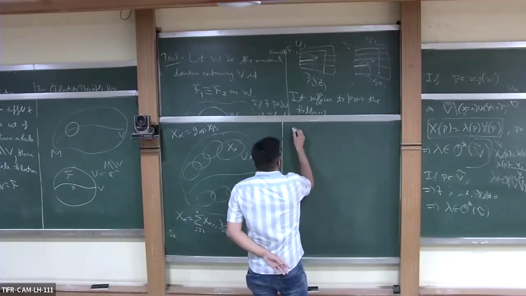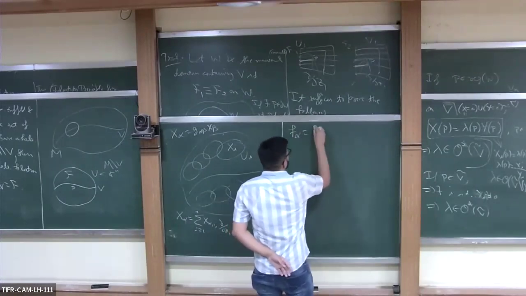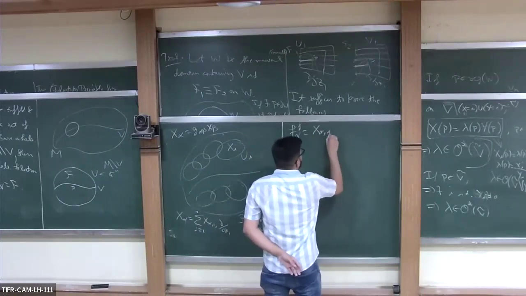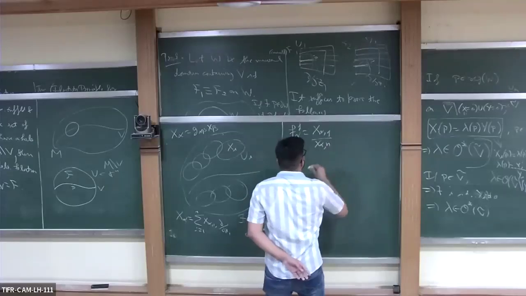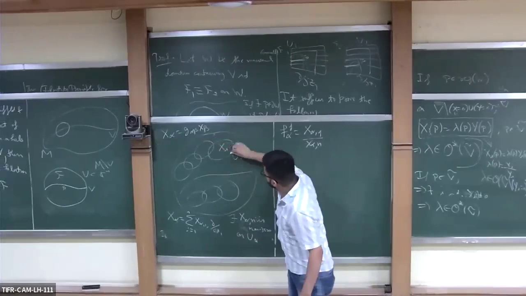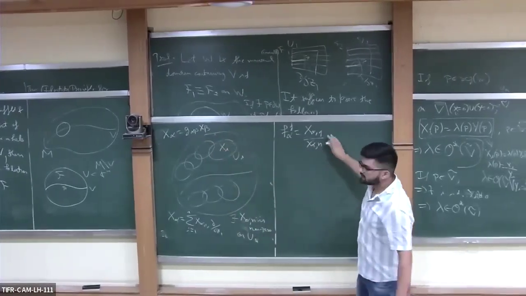Consider these maps f alpha j, which are X alpha j over X alpha n, on each of these open sets U alpha.